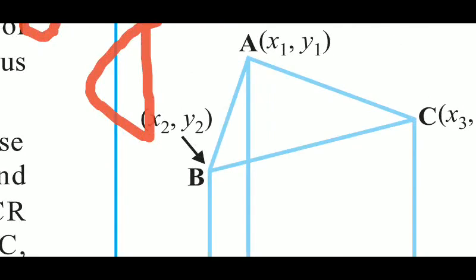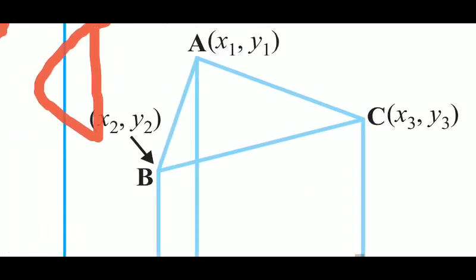In the figure you can see the points A, B and C are given, and the coordinates of A are (x1, y1), coordinates of B are (x2, y2) and the coordinates of C are (x3, y3).